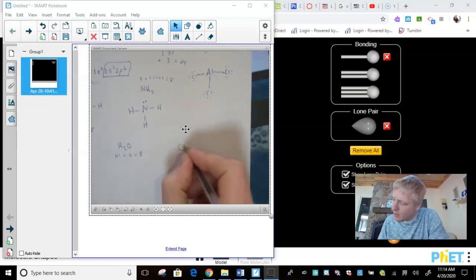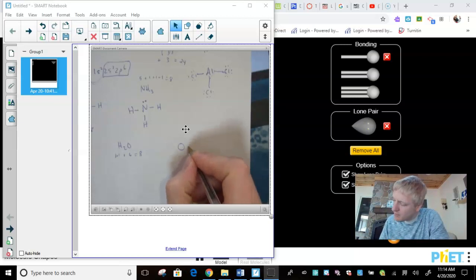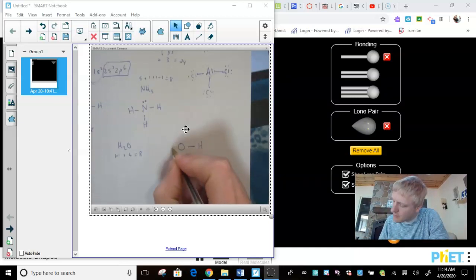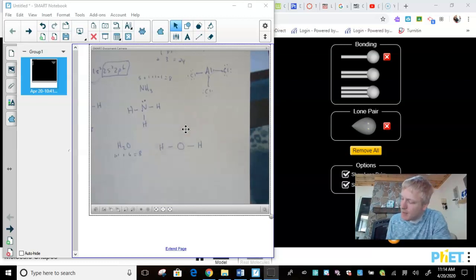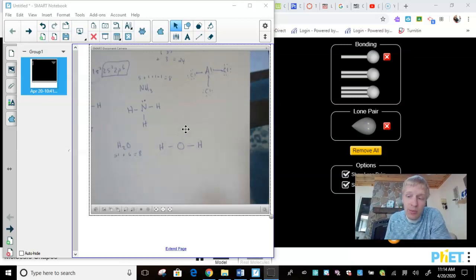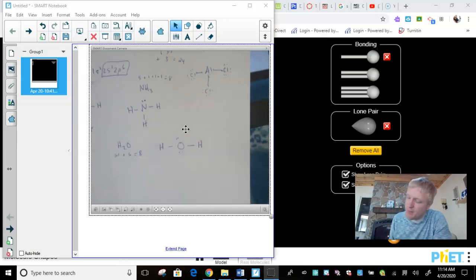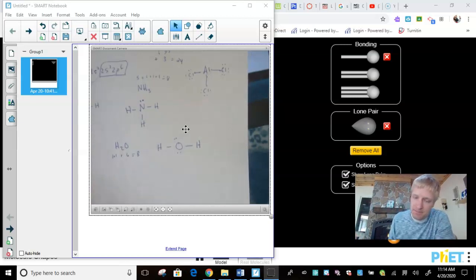So oxygen's the center atom because there are 2 bonding sites. Hydrogen just has 1. And here we go. We've got 1, 2, 3, 4. Hydrogen only wants 2, so it's set. So we put the others 5, 6, 7, 8. Now if you put it like that, that's basically the correct Lewis dot structure.